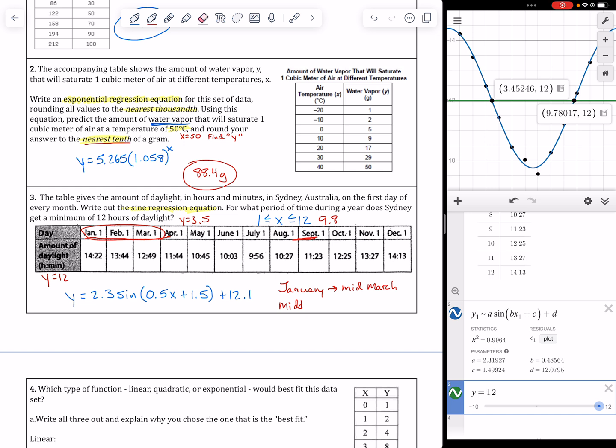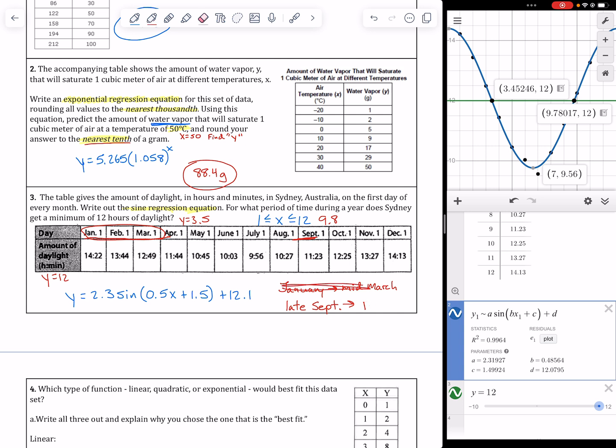So like that's kind of late September. Let's put late September through the rest of the year, which would be like December. So it's really late September through the middle of March, because that's where they connect.